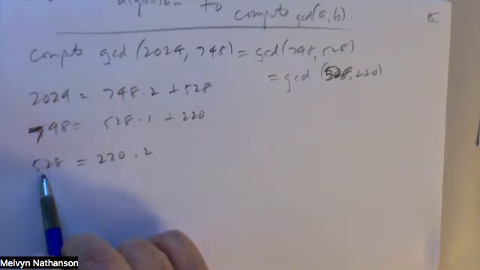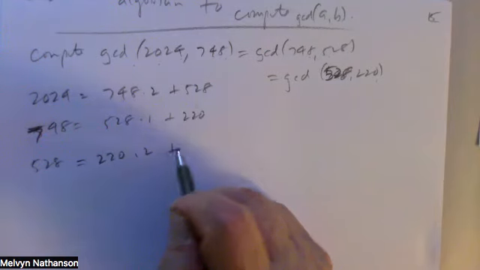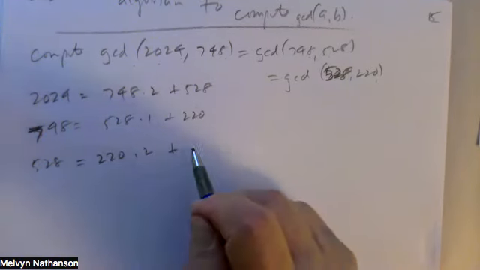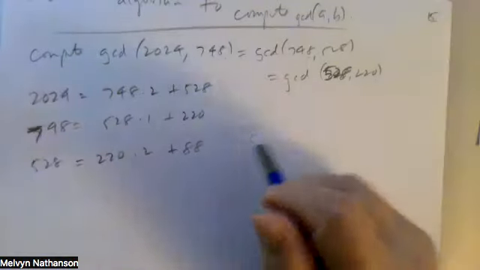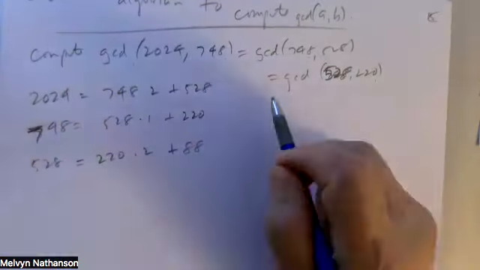If I take 528 and divide it by 220, this goes into this twice. This is 440. So the remainder is 88. So the greatest common divisor of 528 and 220 is the same as the greatest common divisor of 220 and 88.